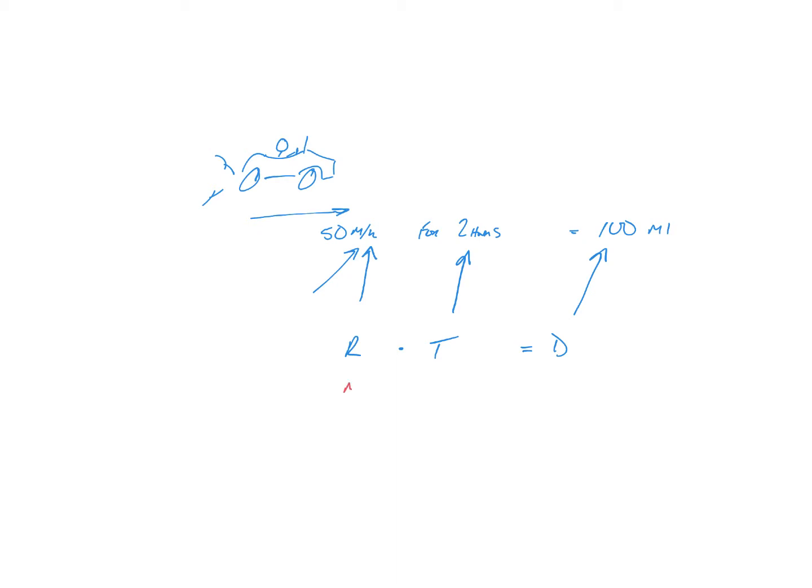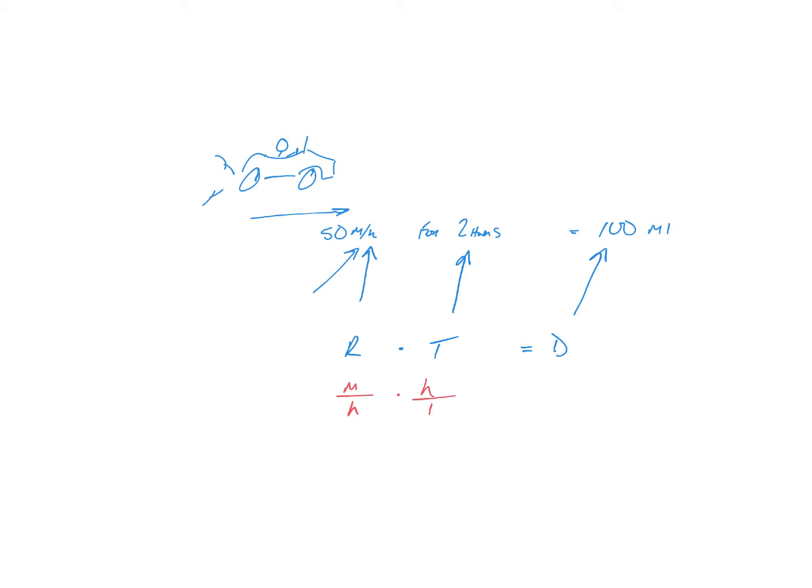Rate is measured in some amount of distance per some unit of time. So miles per hour, feet per second, yards per minute, whatever you're measuring, it's going to be a ratio of distance divided by time. So when you go and multiply by time, well, that time, if you think of that as a ratio or a fraction, that's just time over 1 here.